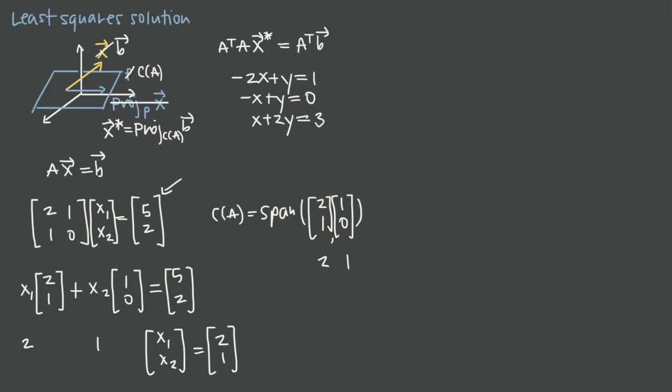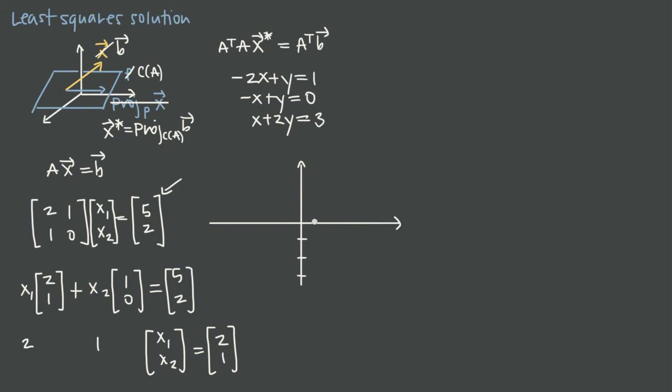Now, if we were to graph these three lines, let's go ahead and set up a quick set of coordinate axes like this, labeled 1, 2, 3 on each axis.